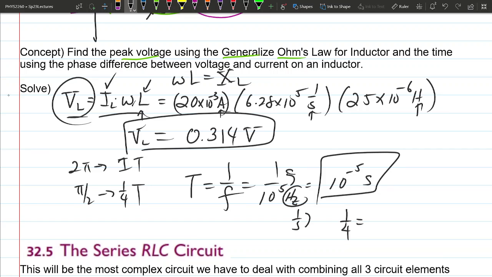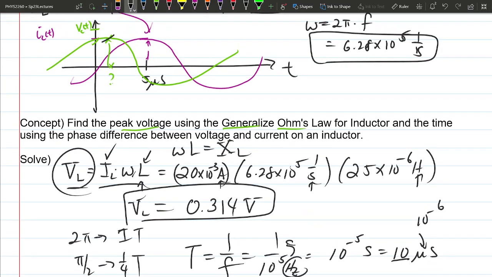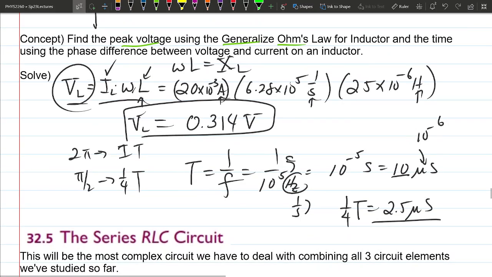1/4 of a period, I'm going to rewrite this as 10 microseconds, because micro is 10 to the minus 6. So 1/4 of this is 2.5 microseconds. So we expect that the peak of the voltage occurs 2.5 microseconds before 5. Therefore, it actually occurs at 2.5 microseconds.